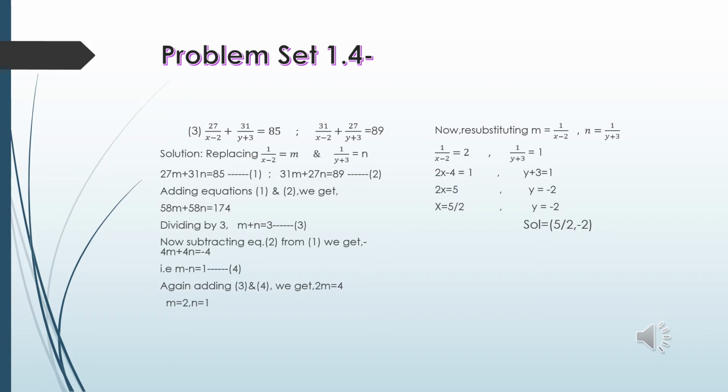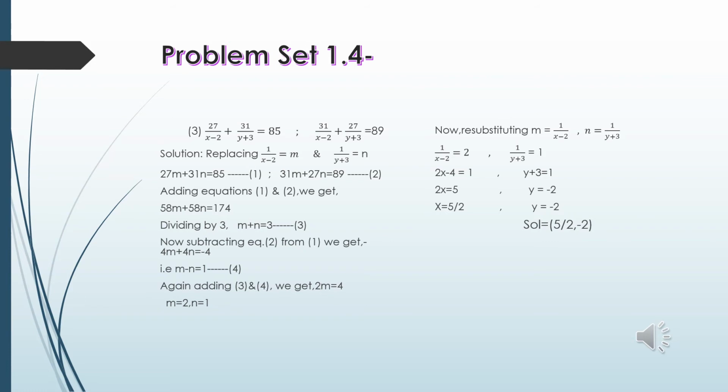For that, replace 1 upon x minus 2 is equal to m and 1 upon y plus 3 is equal to n. By doing this, we get the above two equations as 27m plus 31n is equal to 85 and 31m plus 27n is equal to 89. Call these two equations 1 and 2.